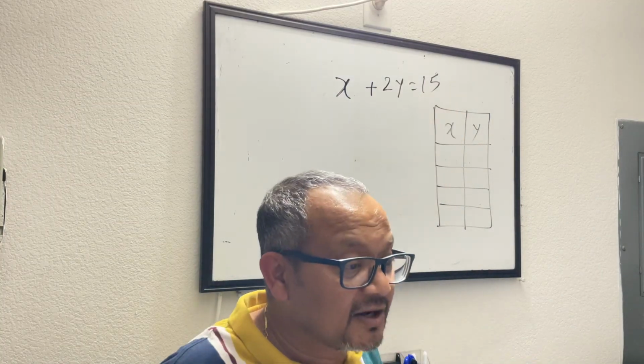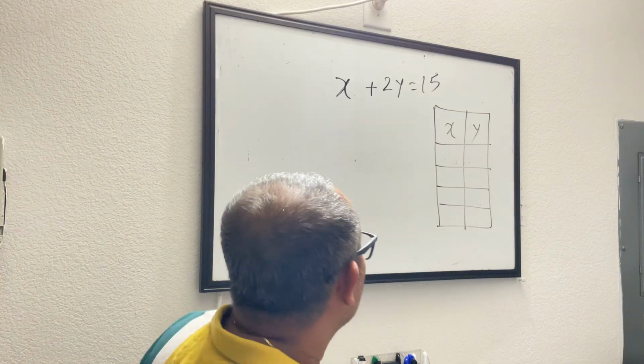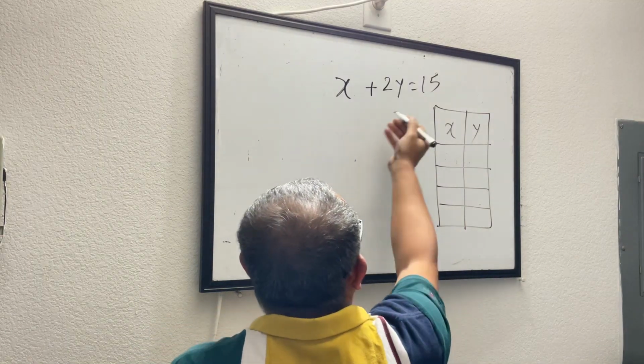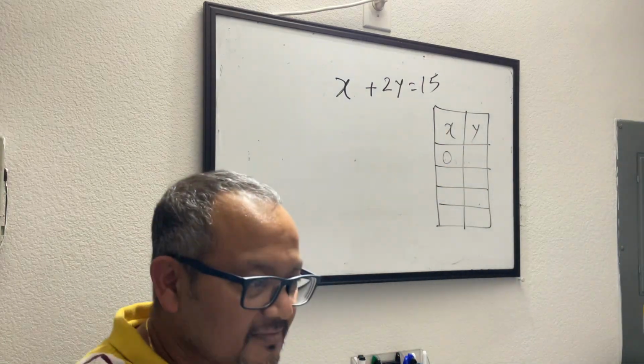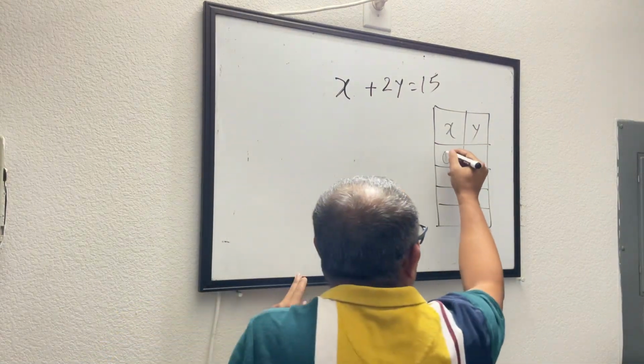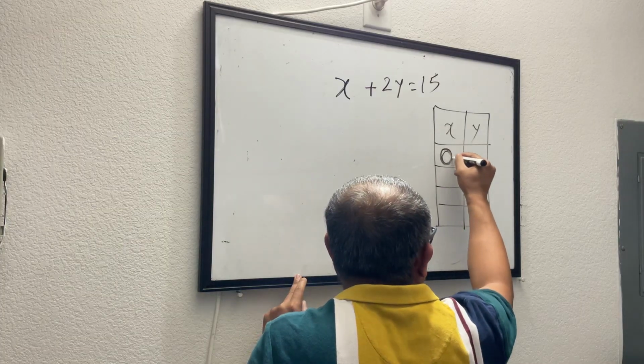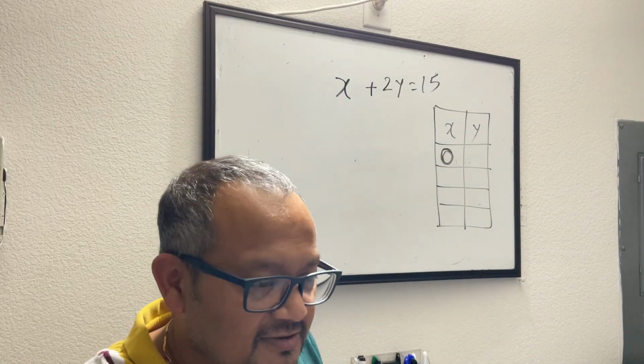Now x and y can play around with each other. X says, okay, fine, my value and 2 times your value is 15. How about me being 0? X is in a playful mood. Says, I am 0.